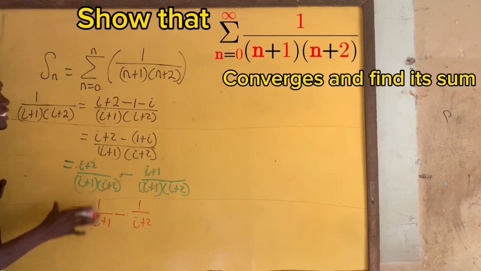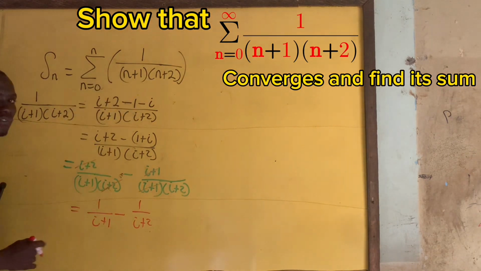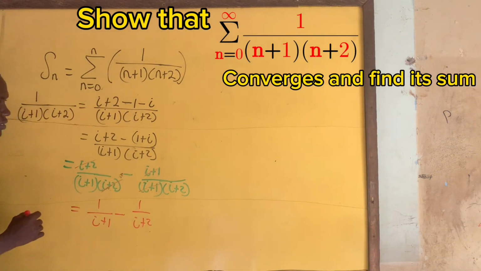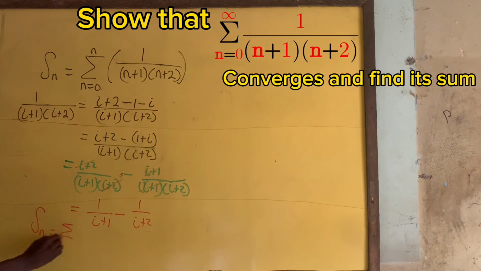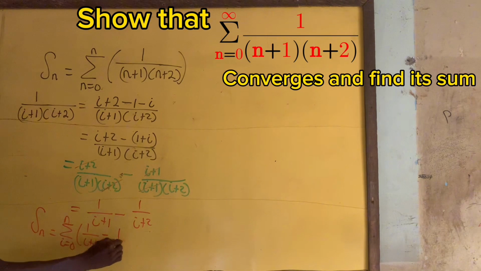So this is the partial fraction decomposition of this one. Now it means that our Sn is equal to summation from I equal to 0 up to n of 1 divided by (I+1) minus 1 divided by (I+2), in a very simple way.